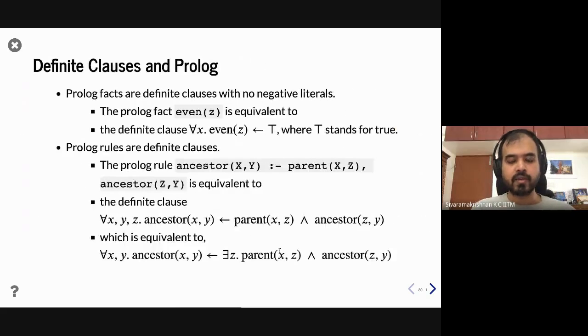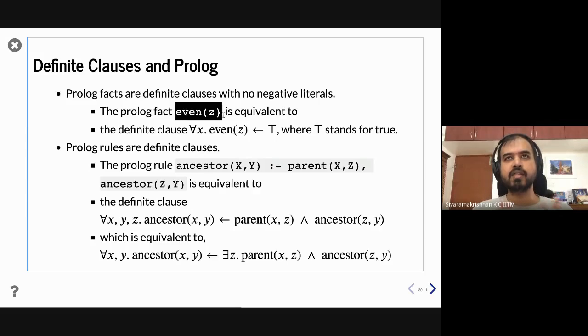So here is the actual relationship between definite clauses and Prolog. There are two forms of clauses that we saw in Prolog. We had facts, and we had rules, and both can be written down as definite clauses. Whenever we write a fact such as 0 is even, even z is a fact, because that's the base case of the recursion.